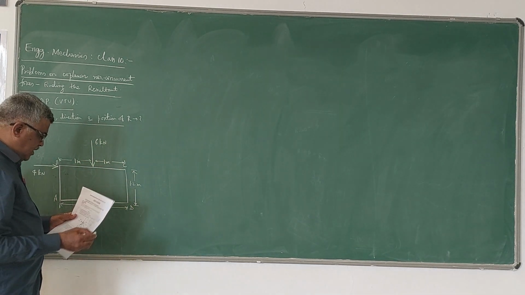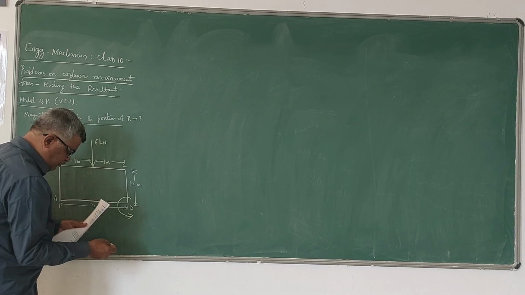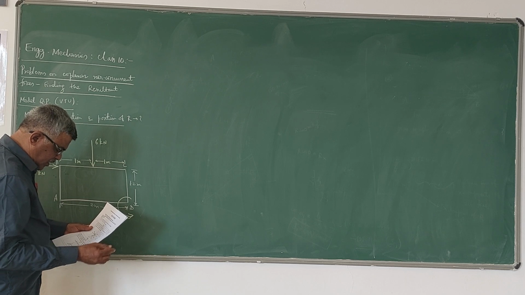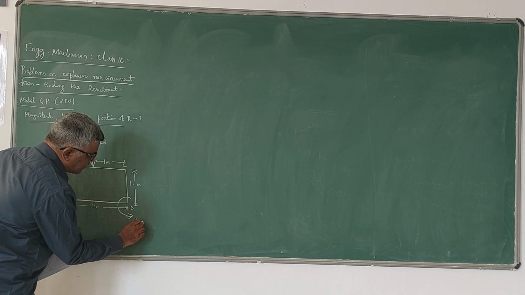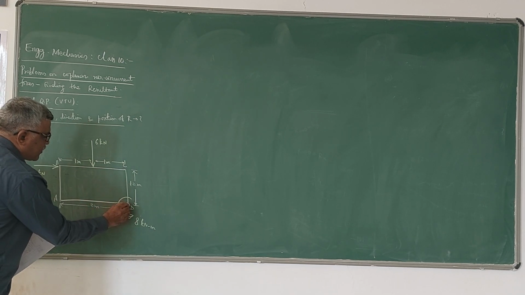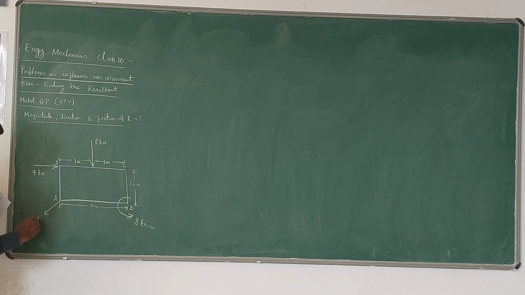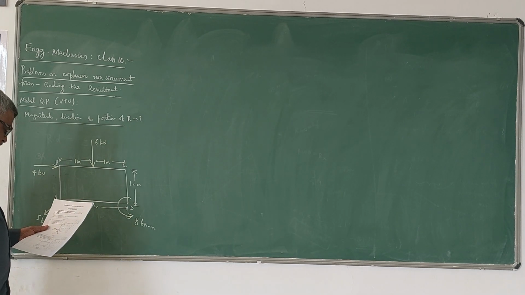Then you have an anti-clockwise couple or moment of 8 kN acting at the point D here. Then you have a 5 kN force acting like this with an inclination of 1 vertical to 2 horizontal. We have not been given the angle. So this is the diagram given.